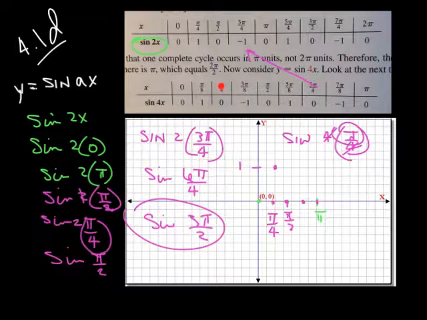So when we put pi over 4 in here, multiply it by 4, and take the sine of it, we get 0. Notice here we got a 1, here we got a 0, so there must be something different. Here we multiplied pi over 4 times 2, here we multiplied pi over 4 times 4. So our sine is going to be different. And again, this has to be in radians in your calculator. It can't be in degrees. Whenever you're dealing with pi's, you have to be in radians.